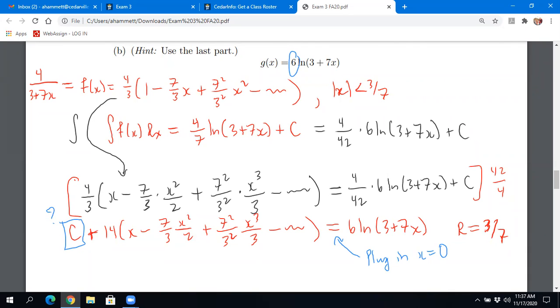Yeah, and I'll just have the constant left. And you end up getting that c equals what? What's c going to be equal to? 6 natural logarithm of 3. Yeah? So there it is. You didn't have to do it that way, but that way you didn't have to reinvent the wheel or anything like that. You could have also memorized what the power series was for logarithm. Okay.